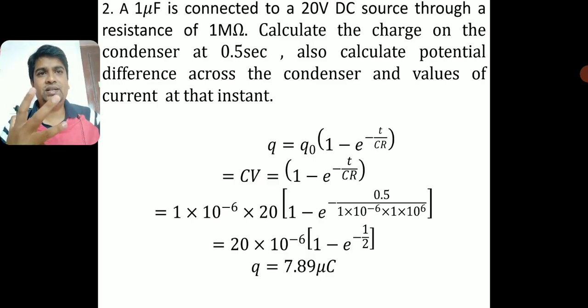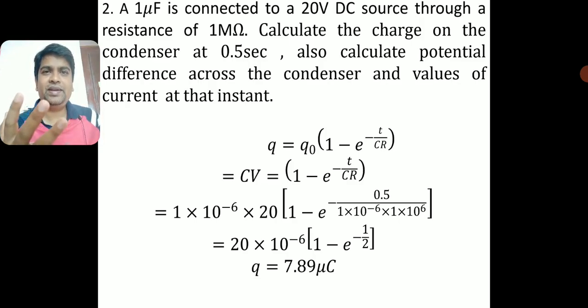Now we need to calculate these three things: charge, potential, and then the current. Now this is clearly an RC circuit. First judgment is it is an RC circuit. Next you look for whether it's a charging or discharging.